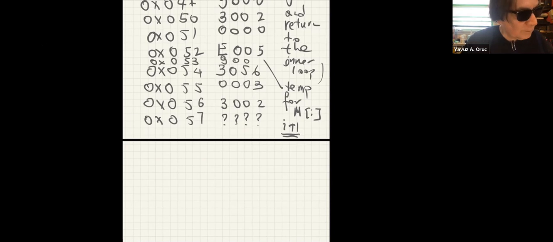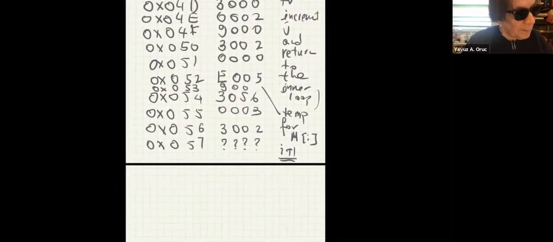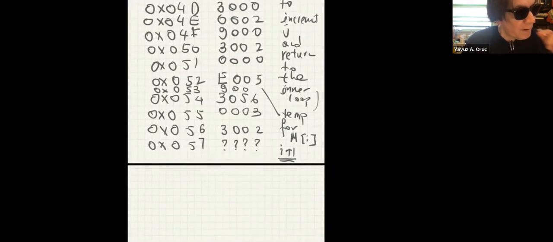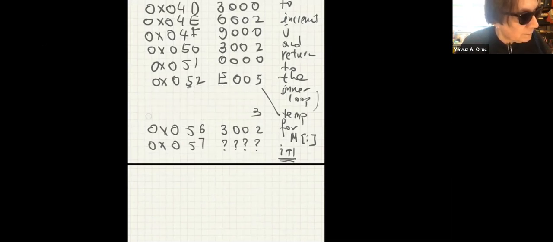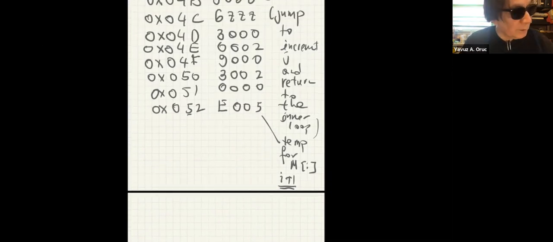Oh, no, I can't quite do it that simply because I have to move that I back into A again. Sorry about this. So let me just do the decrement. Okay, this decrement is just adding a lot of work here.